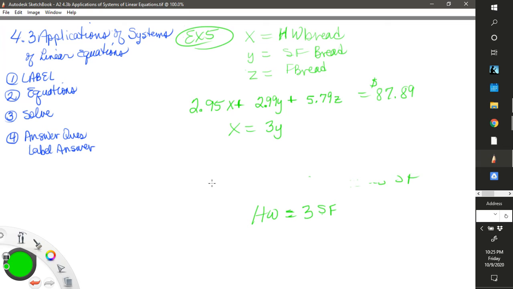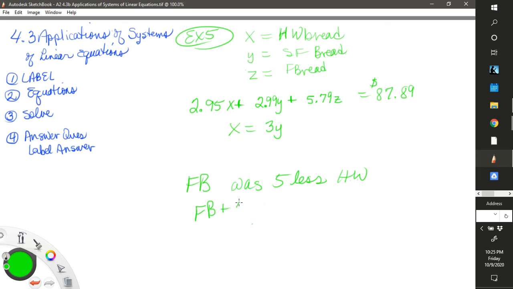Let's go for equation number 3, and let's take the last relationship they give us and put those words into an equation. The number of loaves of French bread sold was 5 less than the number of honey wheat. So French bread was 5 less than honey wheat. I would have to have French bread, Oops, that's not an F. French bread was 5 less, so I'm going to have to add 5 to my French bread to make it equal to my honey wheat.